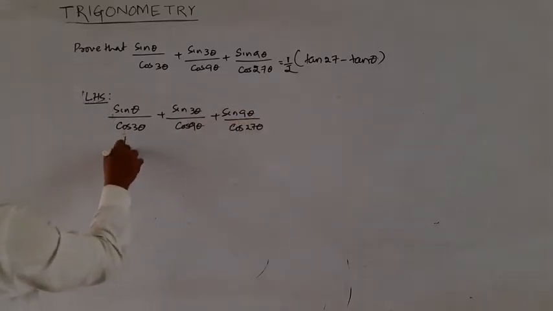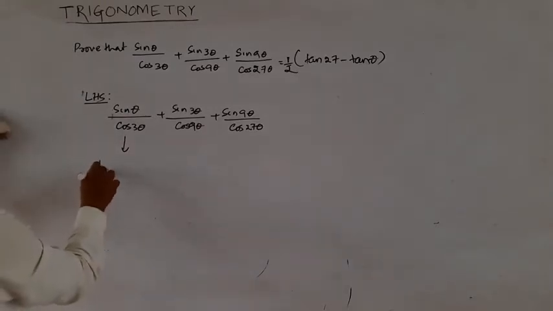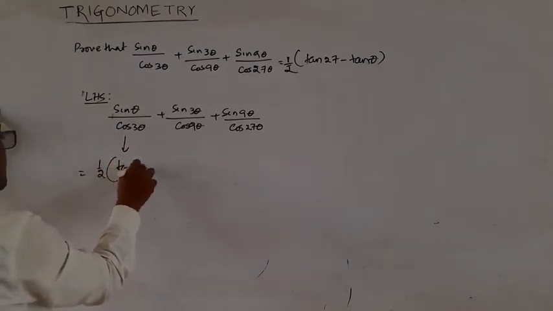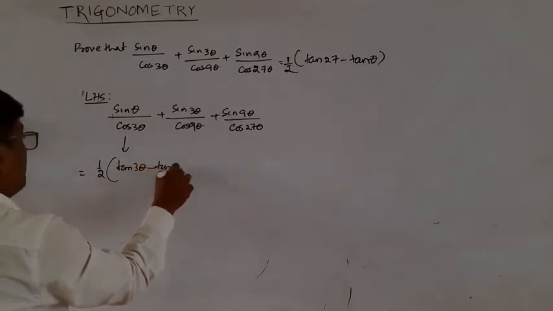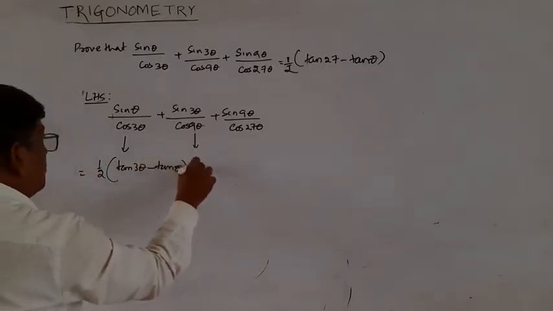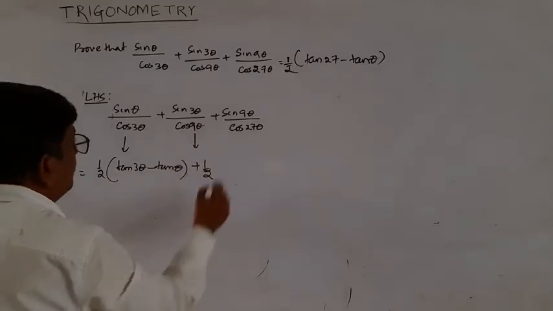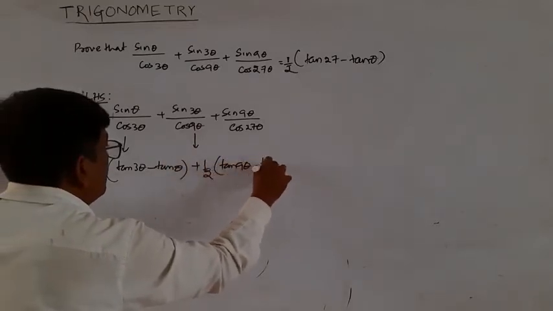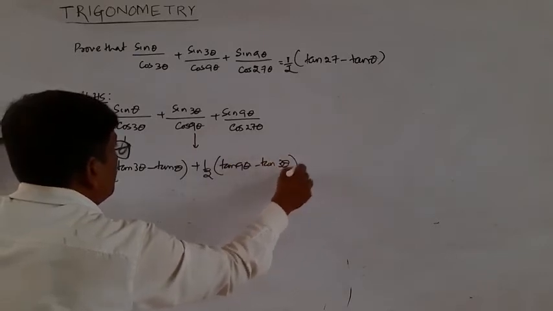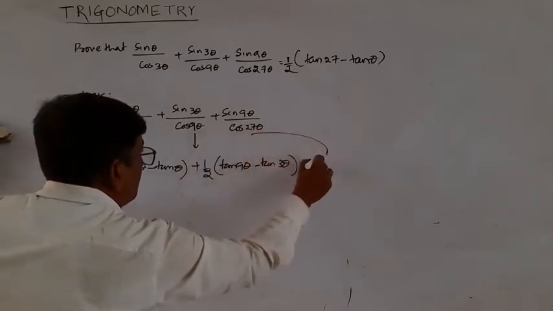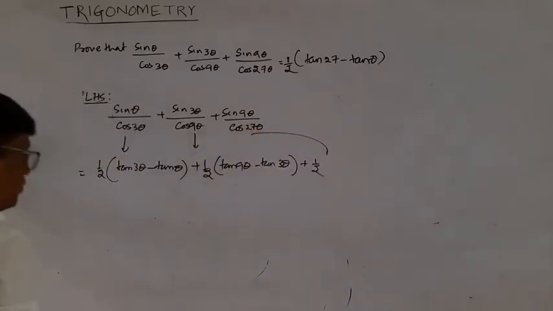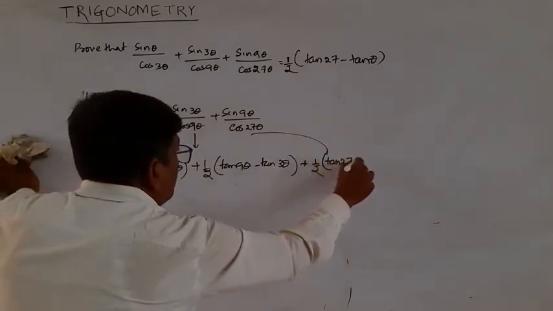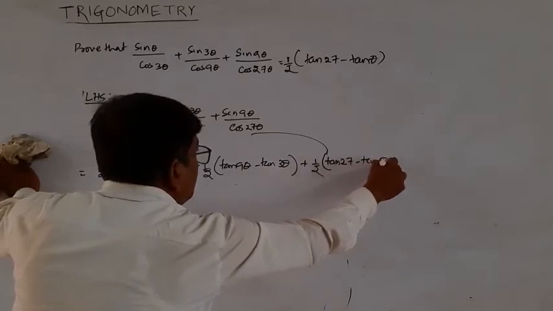Now for this, what is the value? 1 by 2 into tan 3 theta minus tan theta, plus 1 by 2 into tan 9 theta minus tan 3 theta, plus 1 by 2 into tan 27 theta minus tan 9 theta.